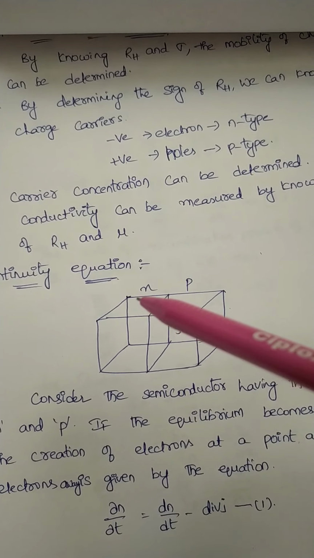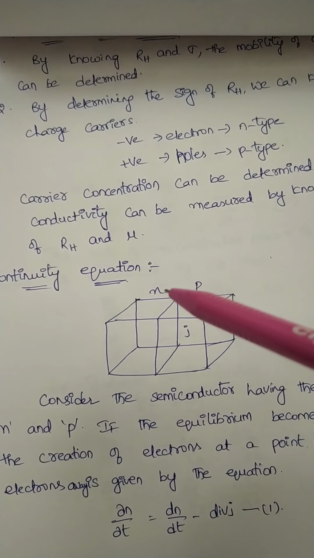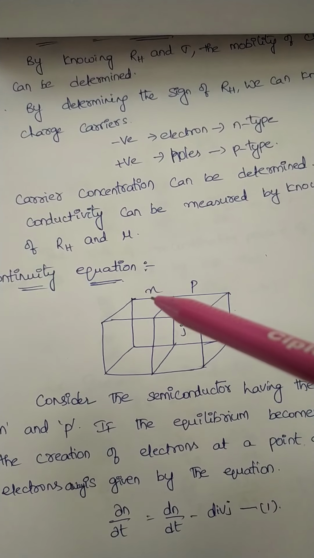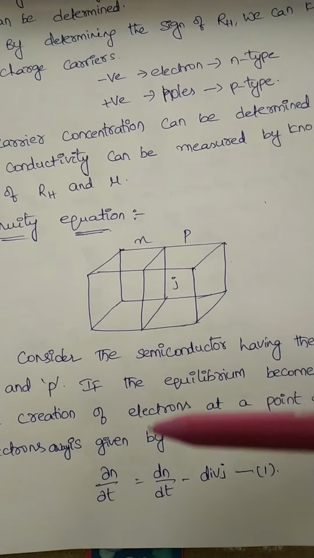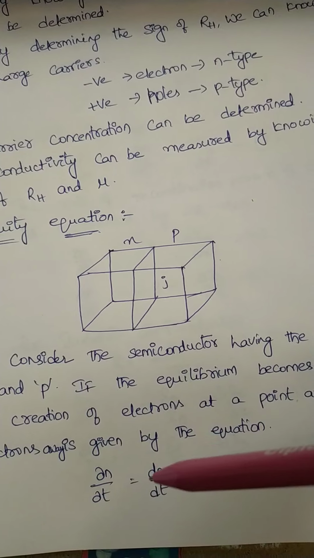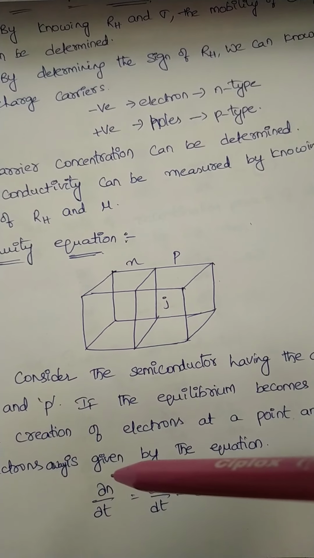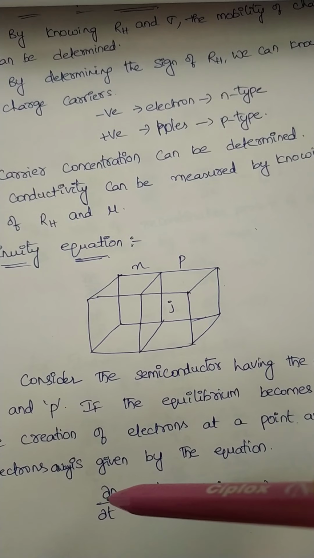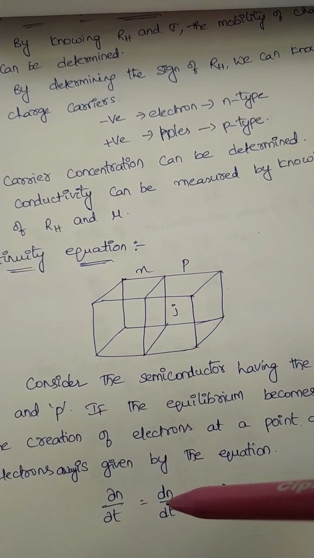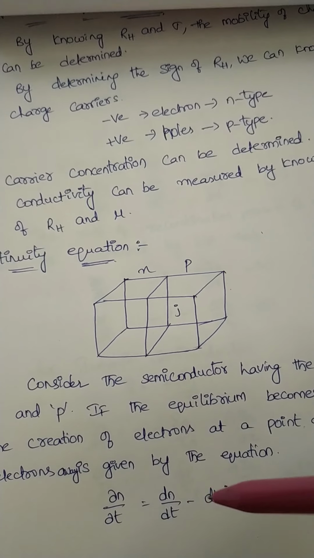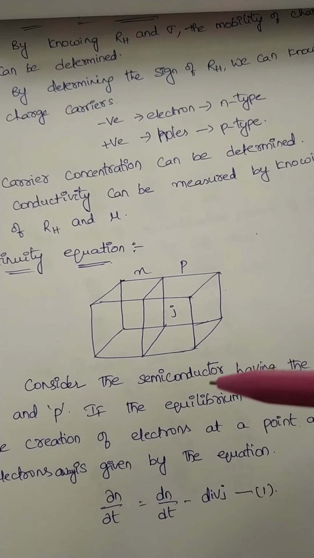Whenever electrons are created at a point, there will be a flow of electrons away. It is given by the equation ∂n/∂t = dn/dt − div J. Here ∂n/∂t represents the charge carriers, dn/dt represents the number of electrons, and div J represents the outflow of the electrons, that means the electrons which are moving.